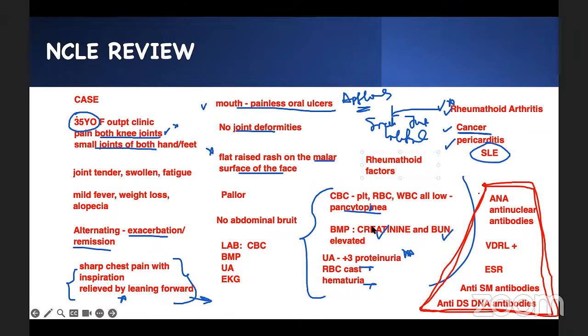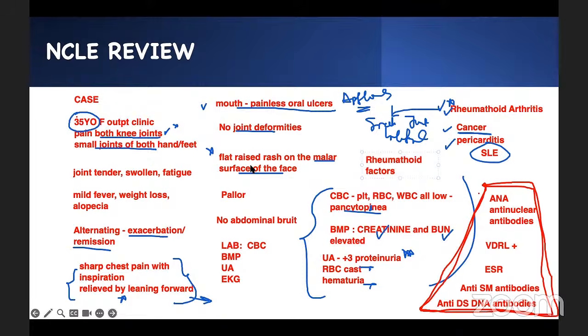And this is a case study for you. Simple, straightforward. I've given you a 35-year-old with both joints, knee and a small hand joint, that are tender, fever, weight loss, alopecia. These keep on coming back, on and off for 3 months, alternating. Chest pain relieved by leaning forward, some ulcers in the mouth, no joint abnormality.